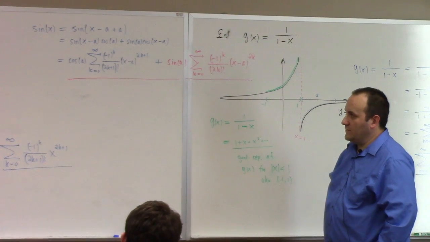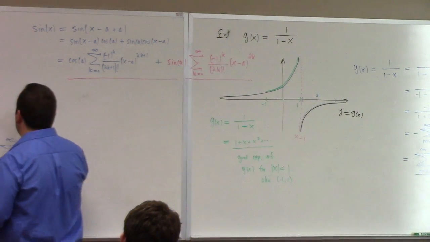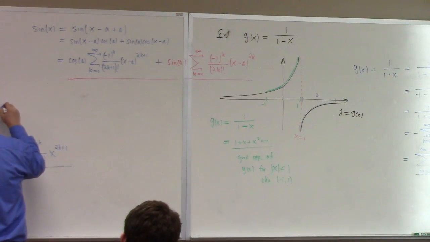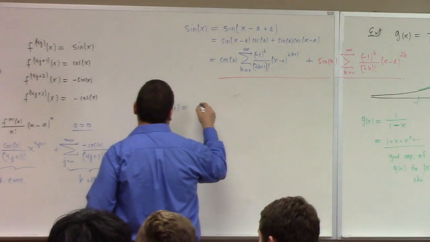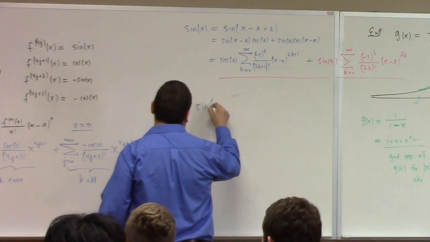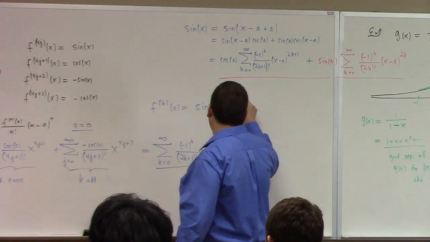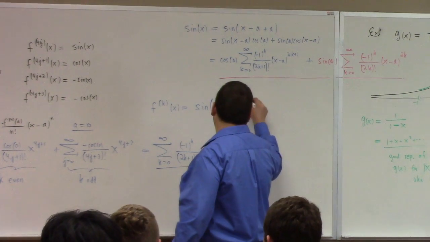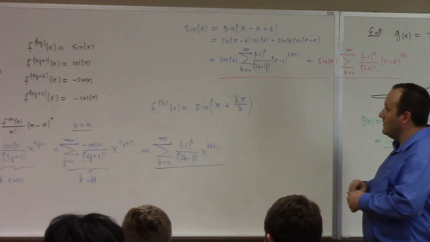So what did you say the formula was? The kth derivative of sine x is sine of x plus k pi over 2.